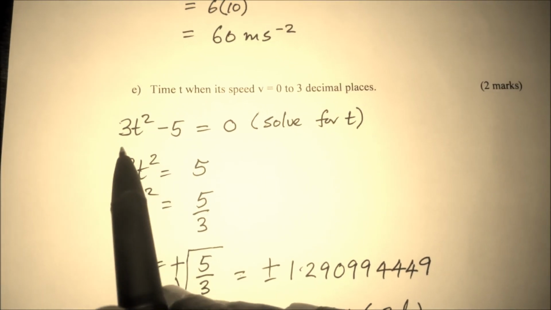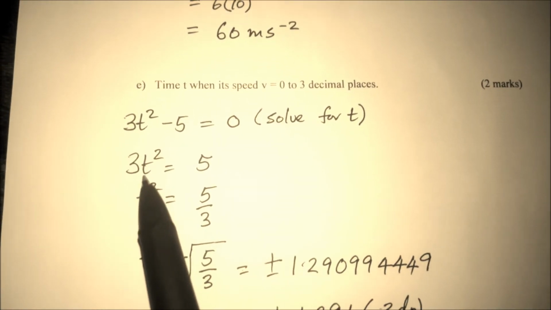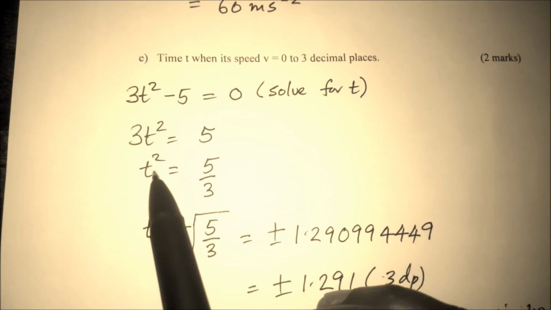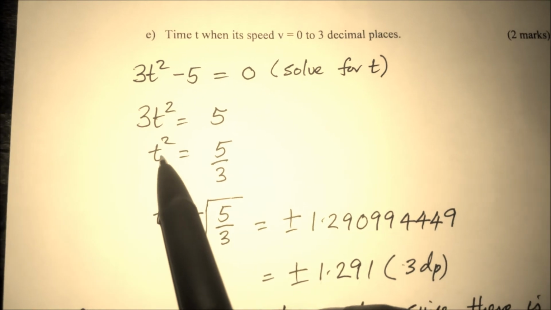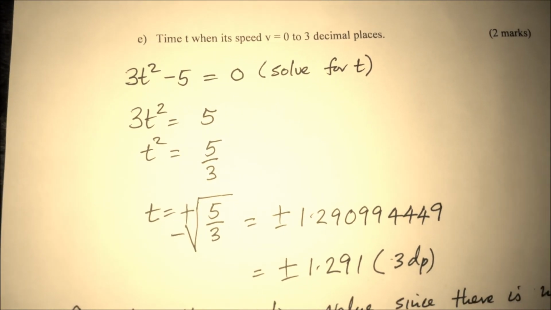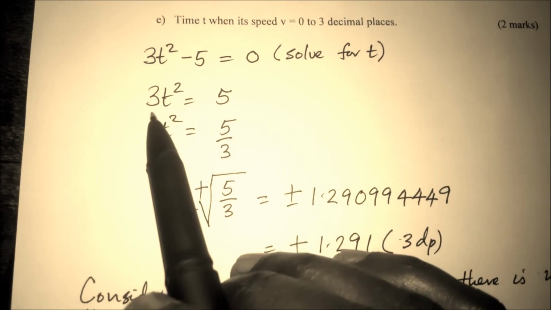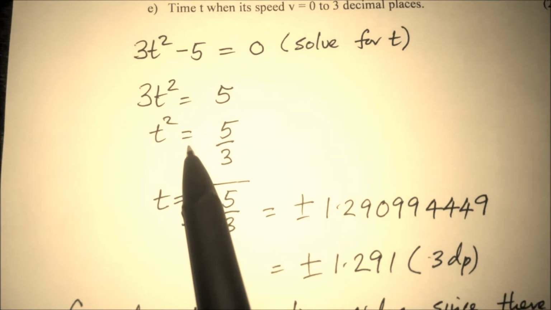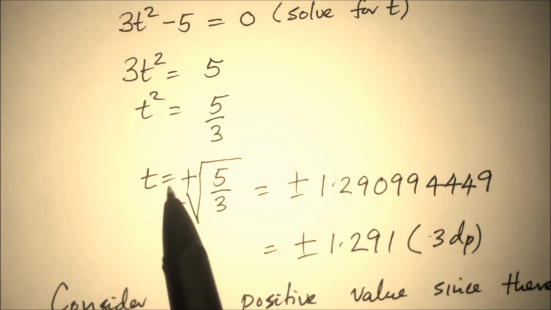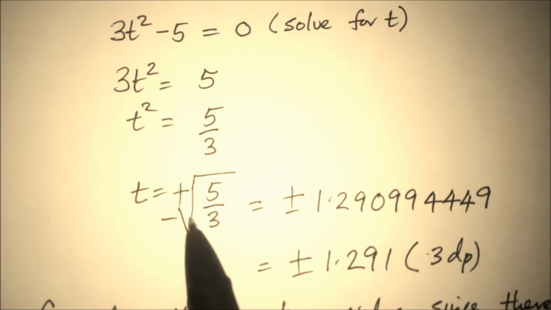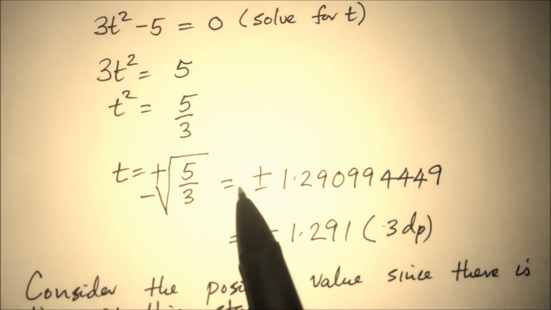And as you can see, this is a quadratic equation. So when we get the value of t here, we must get two values. And the reason here is simple, that a square root must have positive or negative. So 3t squared gives us 5, meaning t squared gives us 5 over 3. And therefore, t is plus or minus root 5 over 3.